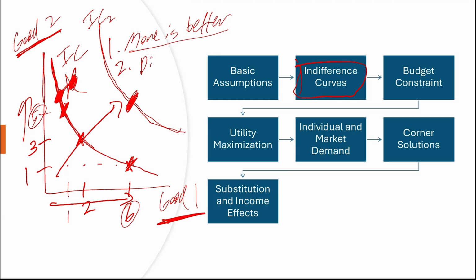Two, we usually assume, not always, but quite often, that there's diminishing marginal utility. And what that means is that when we have a lot of good 1, we don't care as much about getting more of good 1.